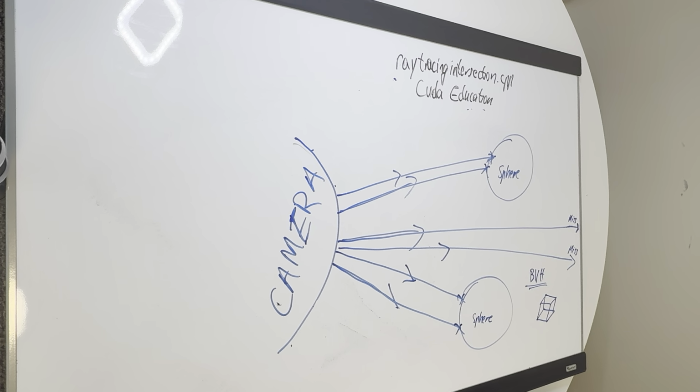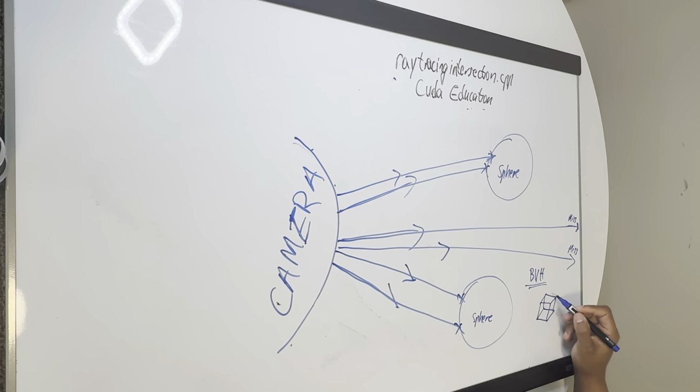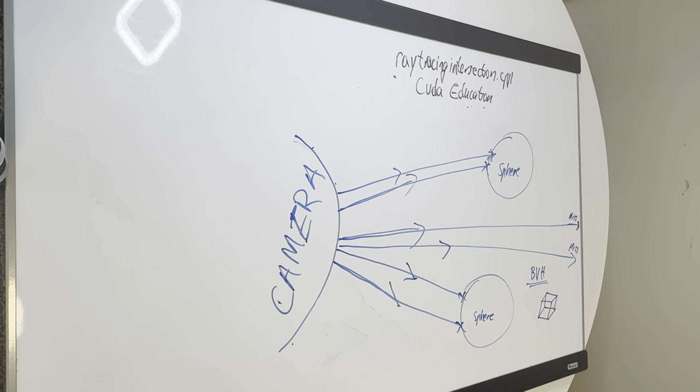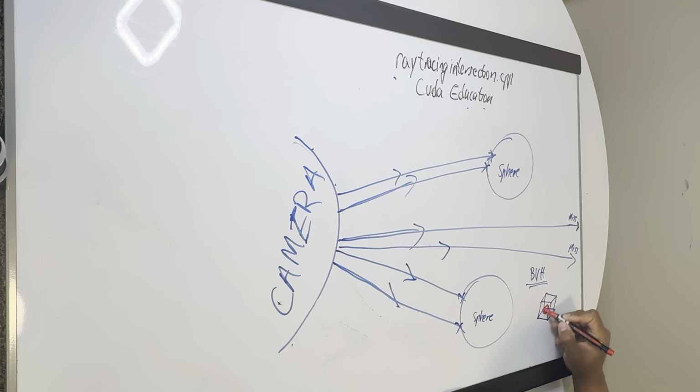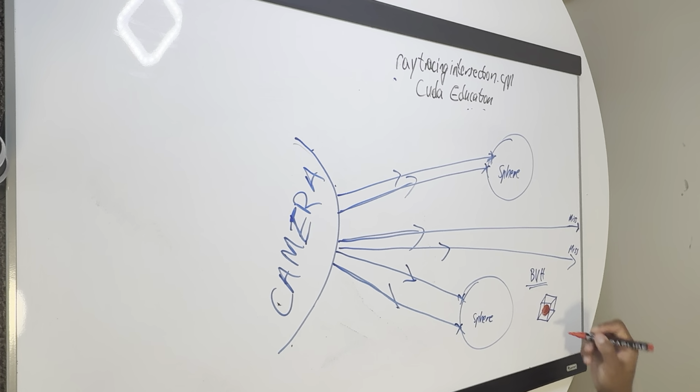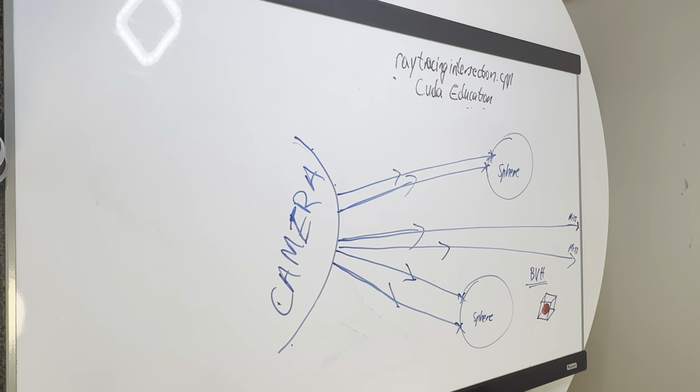It puts a box around the sphere, so this is a three-dimensional box around our sphere, and we have our sphere inside. So this is our sphere inside of this three-dimensional box.